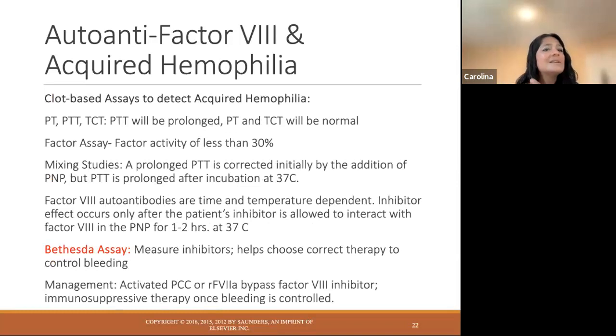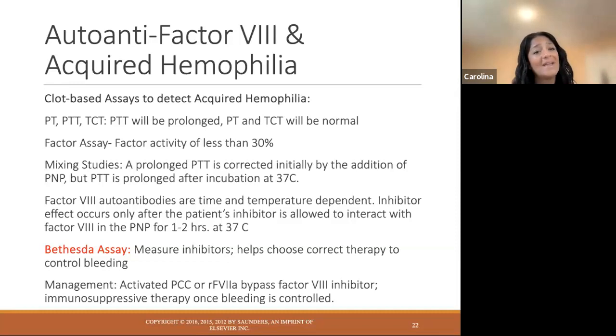Some lab-based assays can be used to detect acquired hemophilia, obviously your routine tests like PT, PTT, thrombin clotting time, with auto anti-factor VIII. Well, this is an antibody that's attacking or attaching to factor VIII, right? So obviously your PTT is going to be prolonged, but you may not see any issues with the PT and the thrombin clotting time.